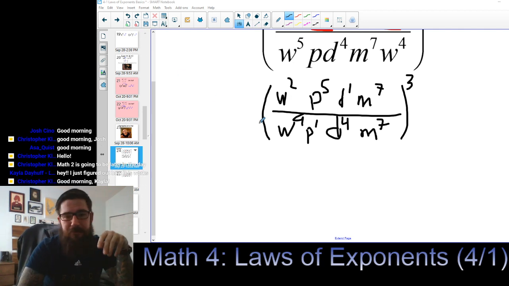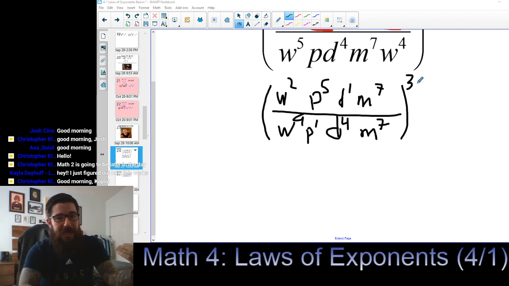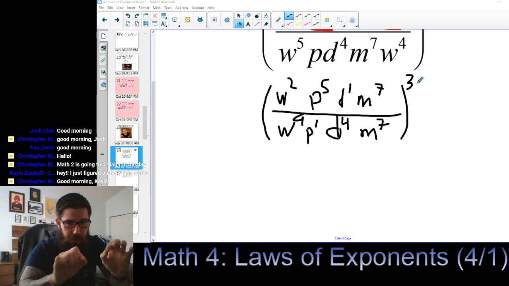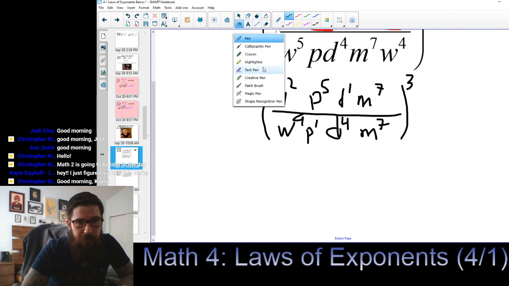A little bit. All right, I'm going to start cross-canceling within the inside. I'm not worrying about this 3 exponent up here. We'll deal with that one last. On the next time we do it, I'm going to change the order around a little bit and show that we're still going to come out with the same answer here. At this point, let me switch to maybe the highlighter here. That might make this a little easier.